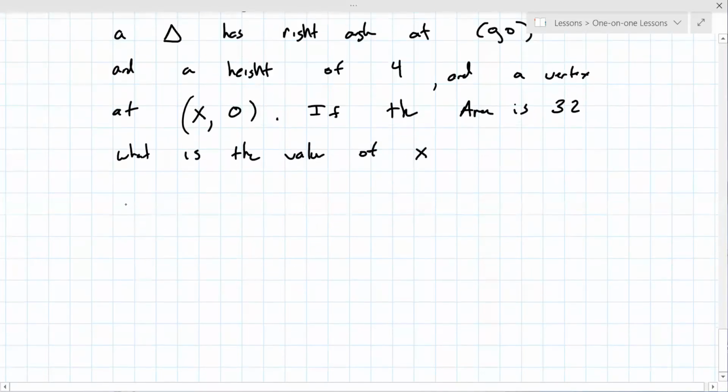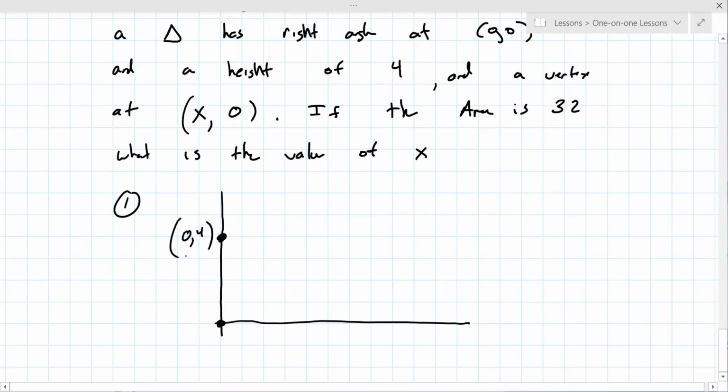The first step in all these questions is to try to draw a triangle. So 0, 0, and then it says it's got a height of 4, so we'll say that's 0, comma 4. Then somewhere out here is a length x, because it's got another vertex at x comma 0.